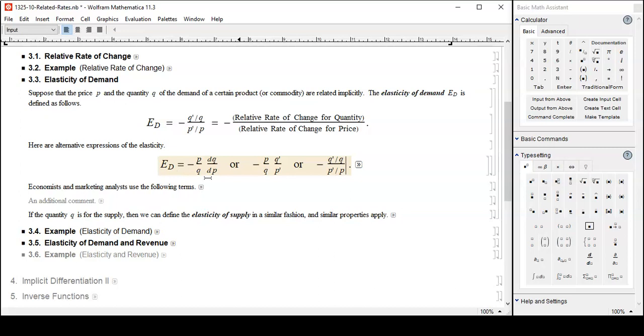Now, when do we use any of these? If P and Q are related implicitly, but the relation is rather complicated and cannot be simplified, then this is going to be more useful. You can take the derivatives implicitly, and then you get P prime and Q prime, and try to get the ratio somehow.